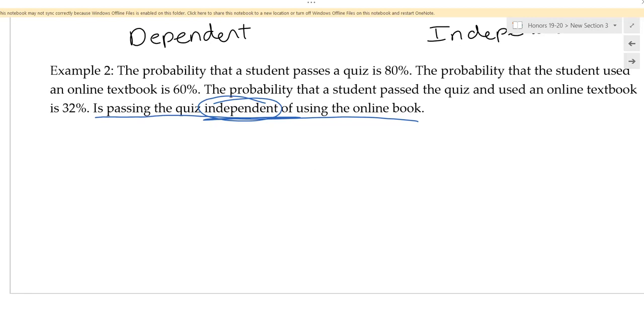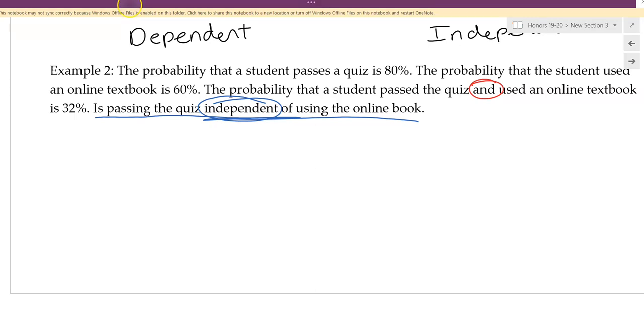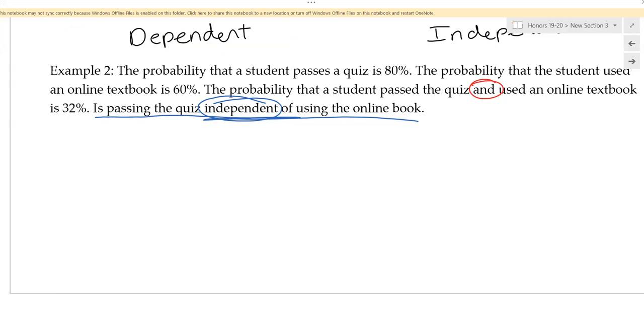If you have the conditional, the given probability, you should use that one. So the probability that a student passed the quiz and used an online textbook is 32%. So we're going to use our and probability formula, right? The probability of A and B has to equal the probability of A times the probability of B.